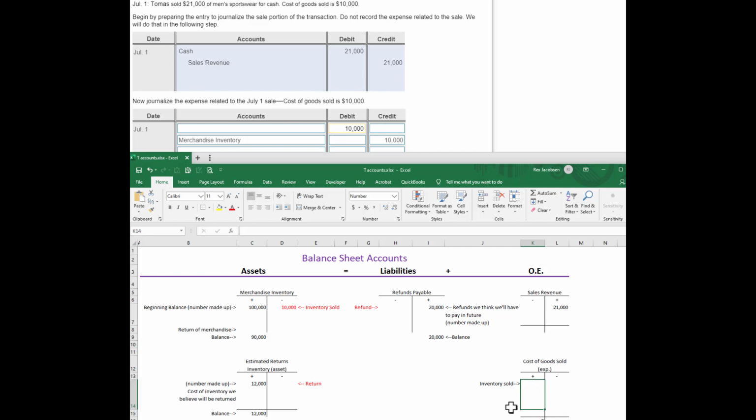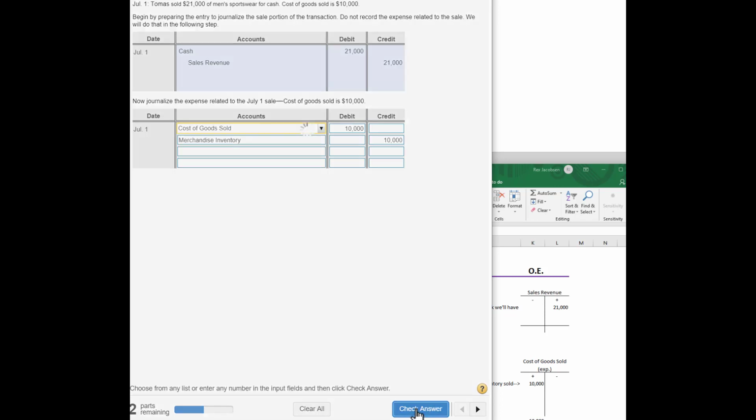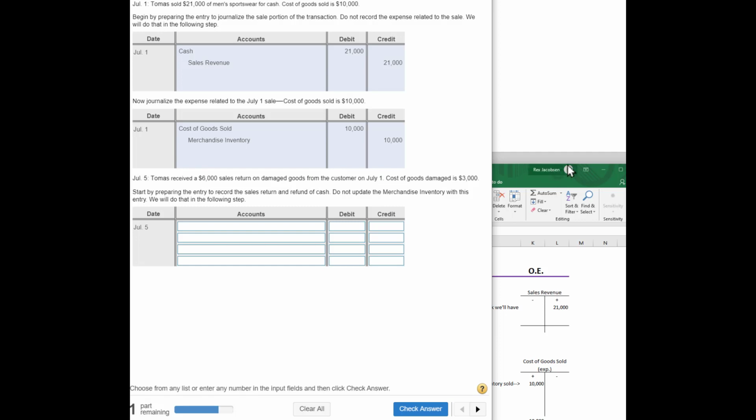And the expense, of course, is on the income statement. So basically what you're doing is you're taking a number off of the balance sheet and putting it on the income statement. So COGS is going to be debited by $10,000, the cost of those goods or products sold. So I'm going to increase cost of goods sold, also called COGS. Fantastic.